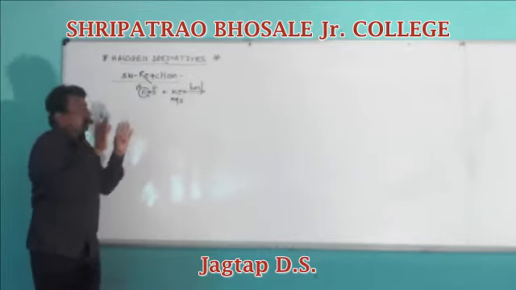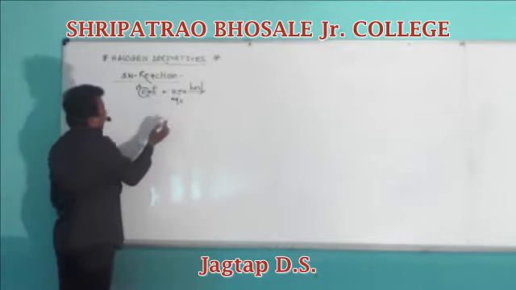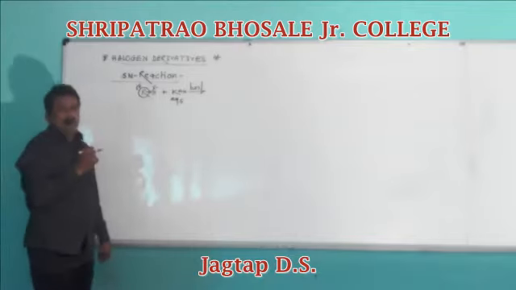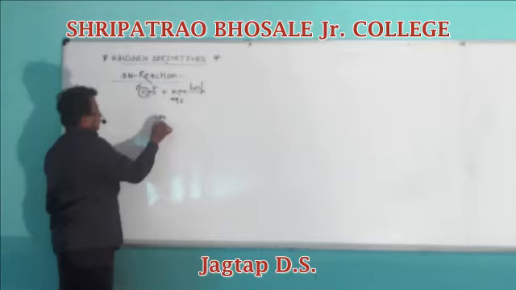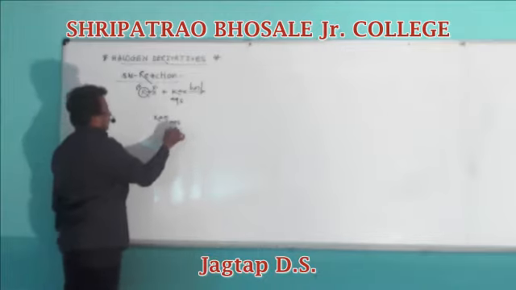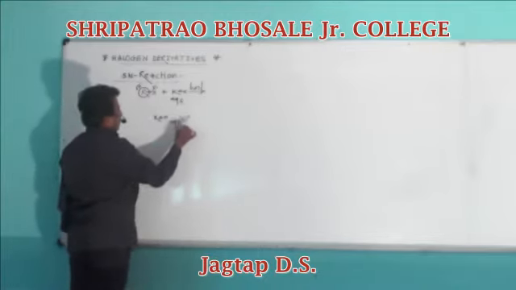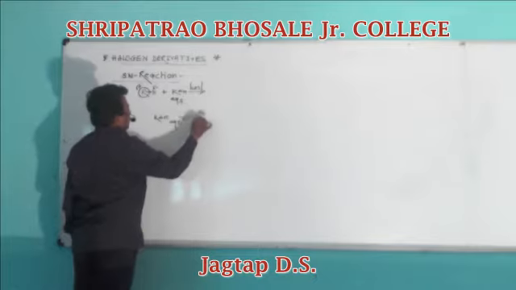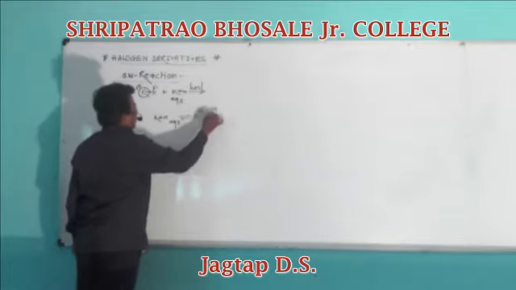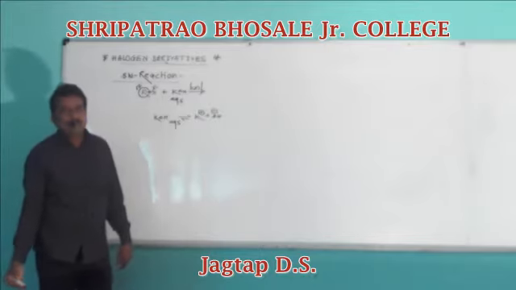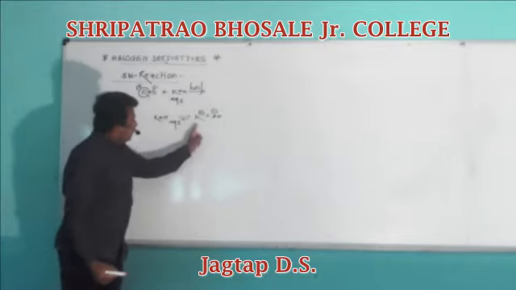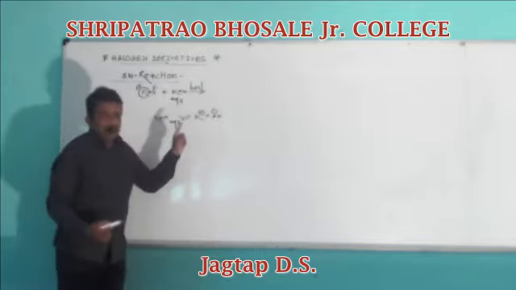In aqueous medium, potassium hydroxide undergoes ionization to form K plus and OH minus ions, that is to form electrophile and nucleophile.